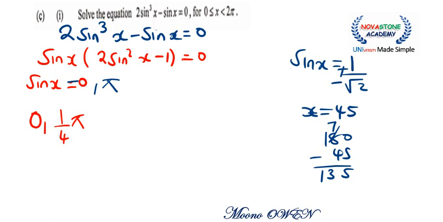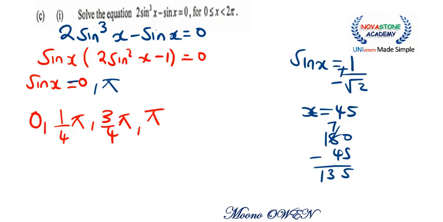A quarter of 180 is 45. Then 135, what is it going to be? It is 3/4 of 180, that will be 135. Then we're going to have pi, which is 180. So these are the answers that we are going to have.